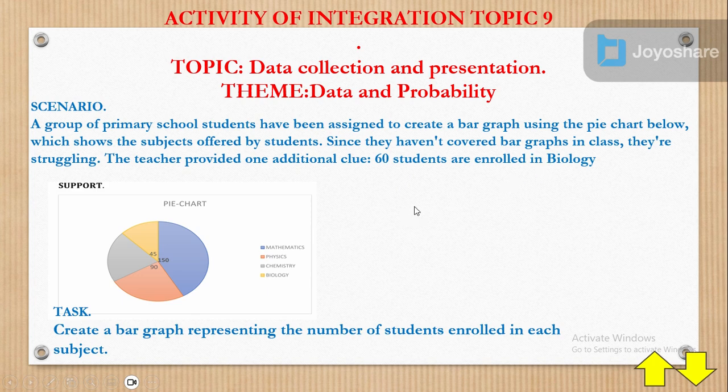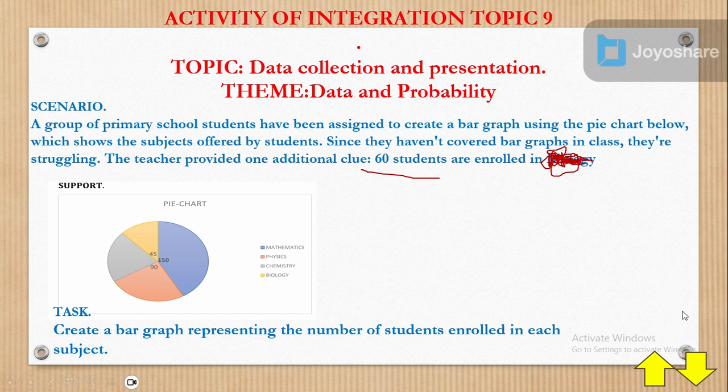For our question, we shall say that 60 students are enrolled in the class. Remove this word biology, because biology will call for a lot of things. If it says for biology, it means we shall need to calculate the total number of students altogether. So the class has 60 students. We shall take it as that.